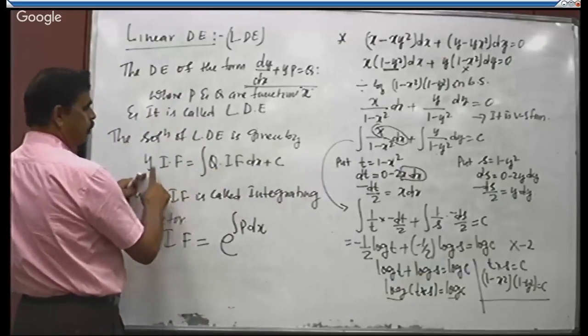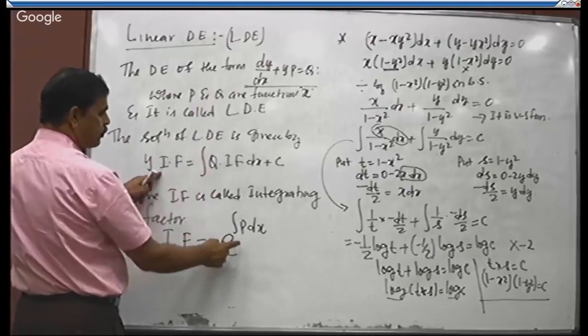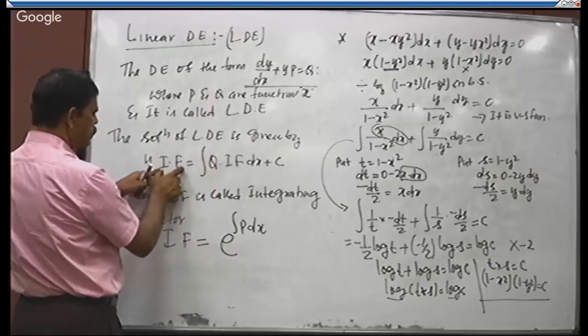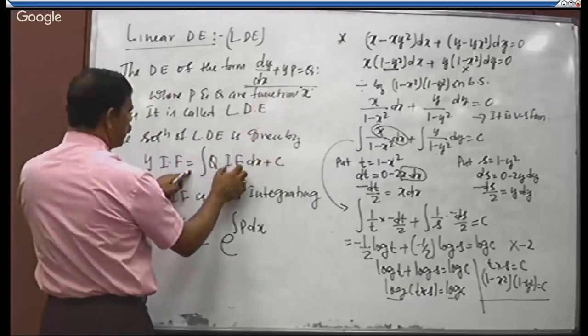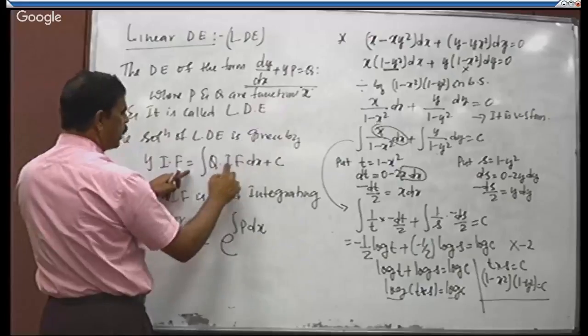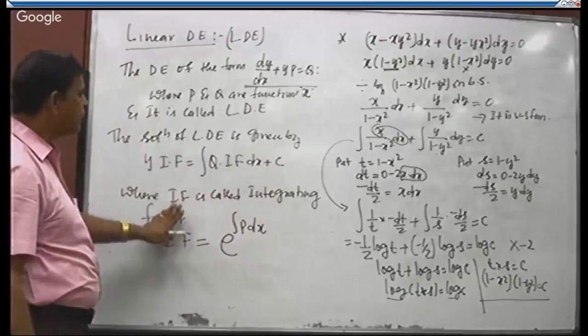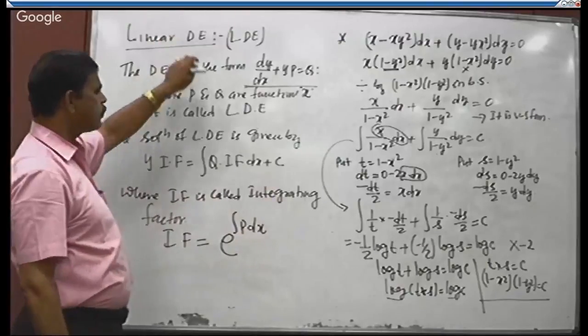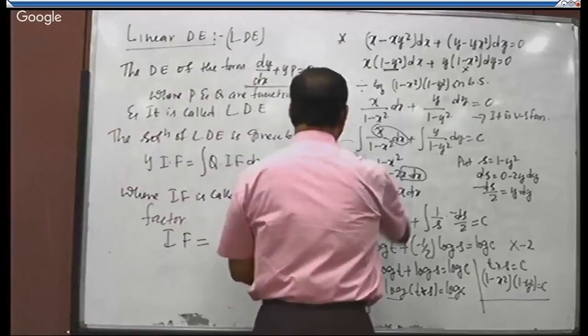Y is the same thing. IF is found from the differential equation and formula, and that is to be substituted. Q is taken from the differential equation. IF is taken from this, and this has to be integrated. That gives you the solution of this linear differential equation, right?